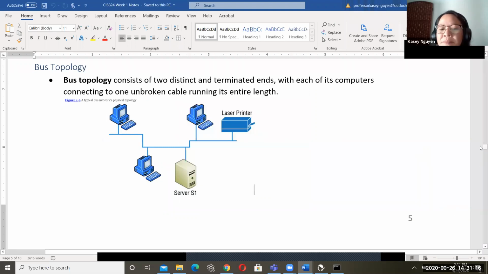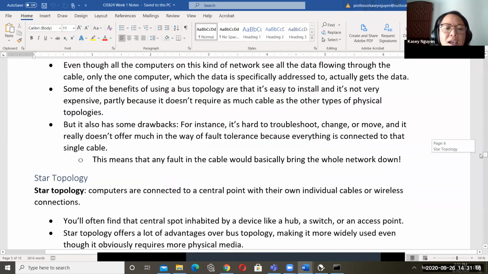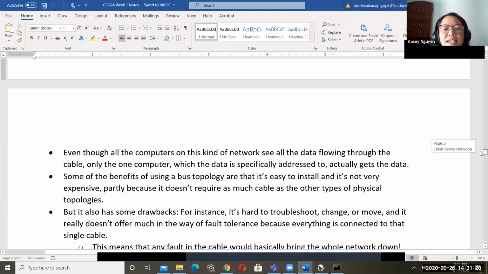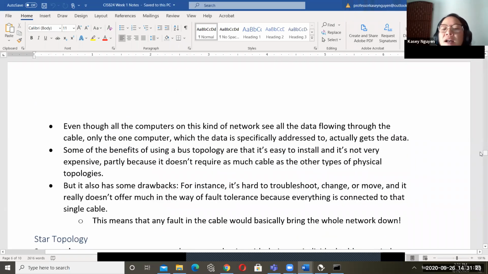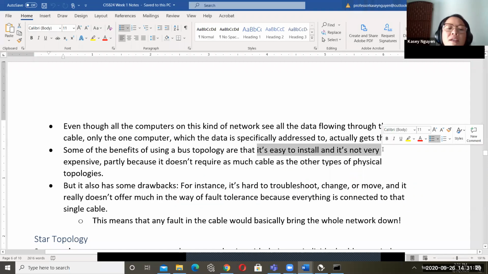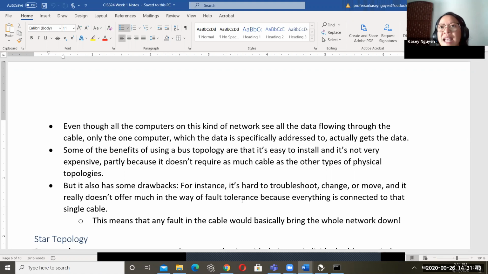Probably accidentally got unmuted. Okay, so the bus technology was not very efficient. The benefit is that it's easy to install and wasn't expensive because we only have one main line and we tap that line. The drawback is that when you troubleshoot, it's really hard to determine which system is down.